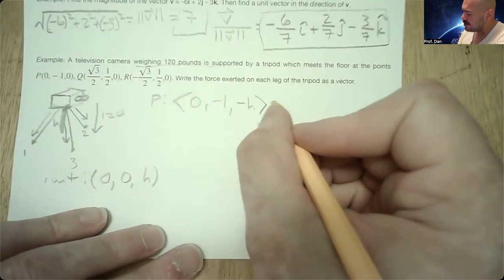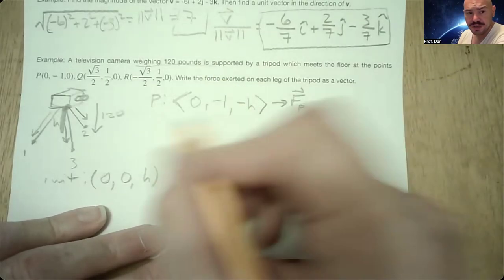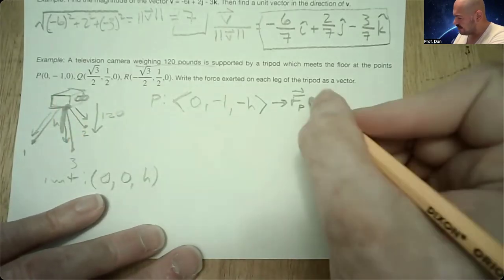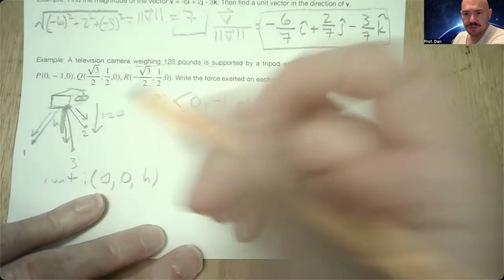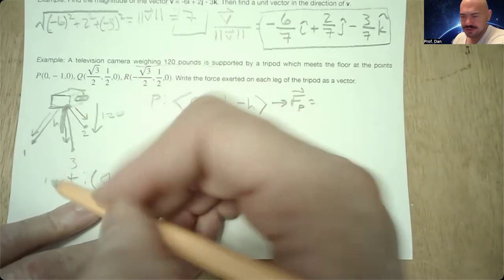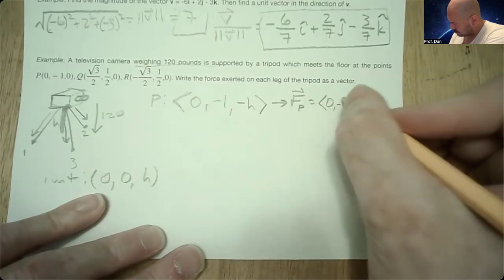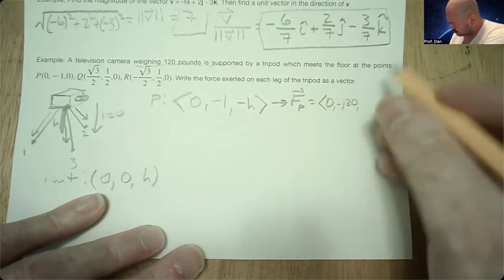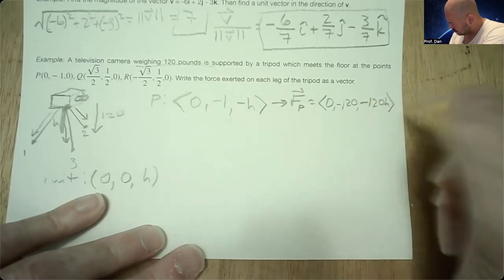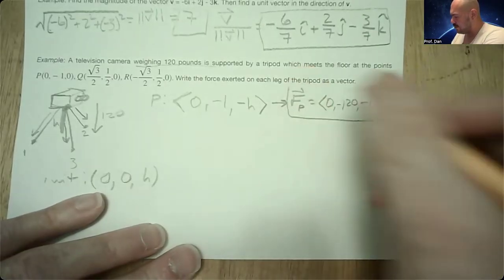If I wanted the force exerted on this leg P, I would have to multiply that by the weight, the magnitude of this force. And that would be the force for vector P.